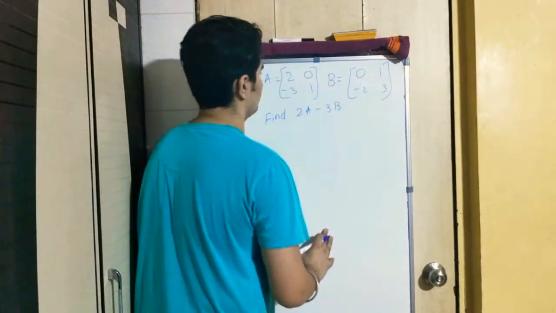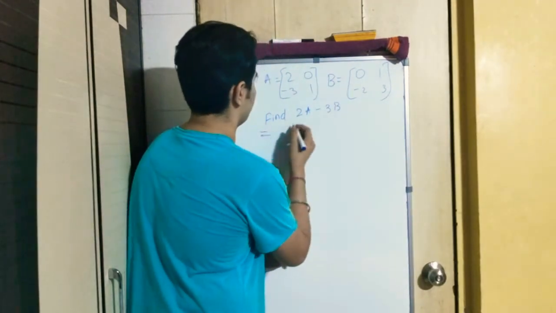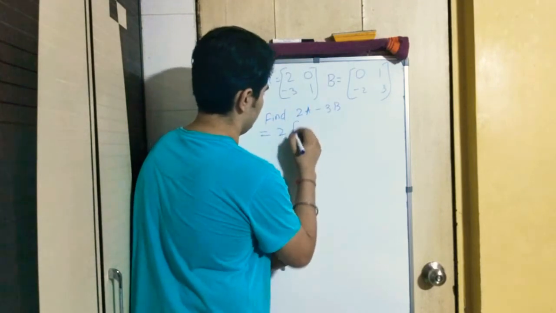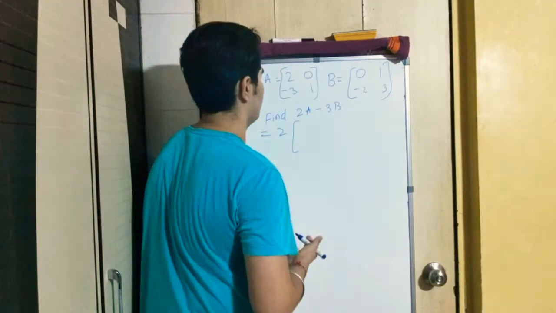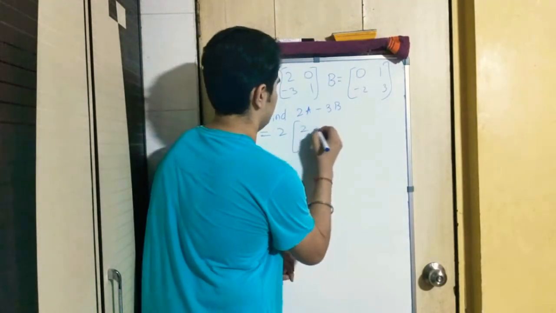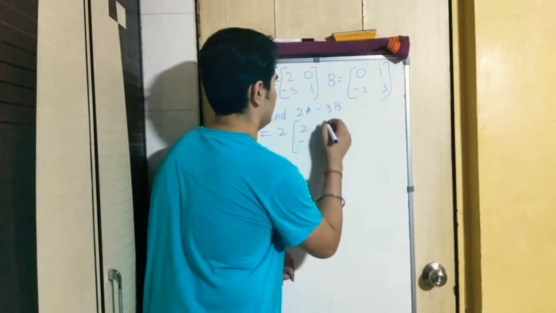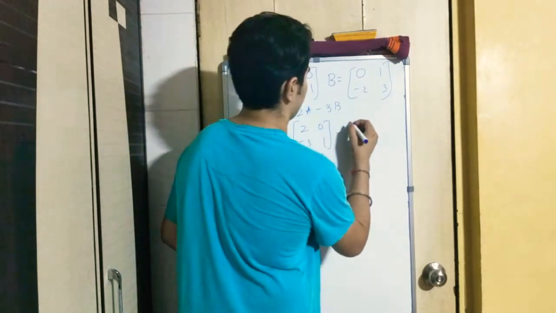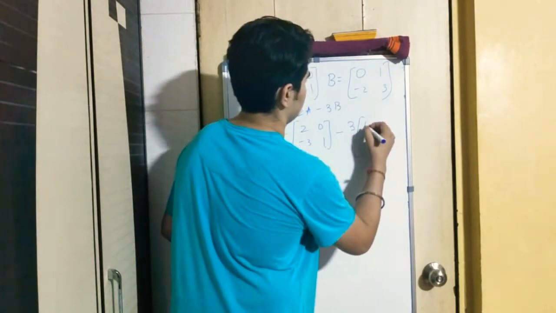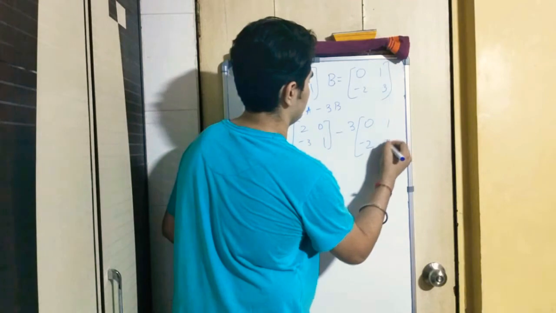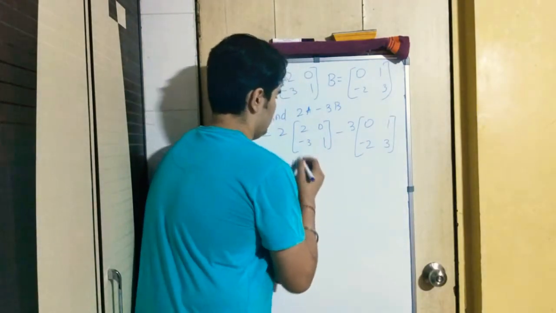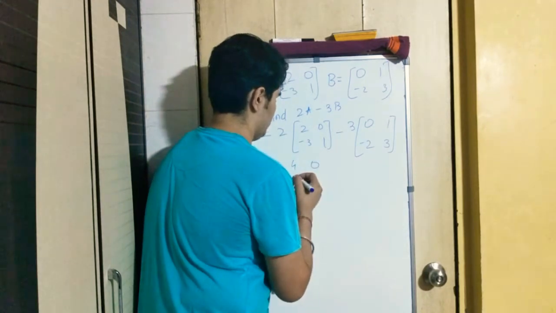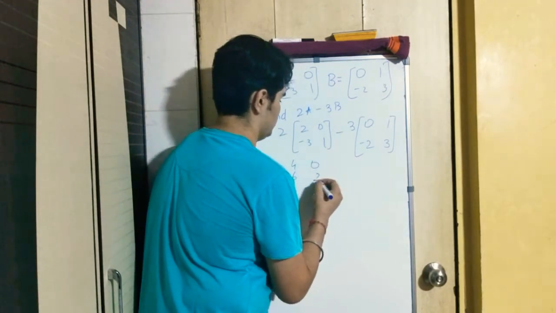So for finding 2A minus 3B, you have to first check both matrices, the order of the matrices are equal. 2 times 2, 0, minus 3, 1, and here it is minus 3 times 0, 1, minus 2, 3. 2 2s are 4, 2 zeros are 0, 2 into minus 3 is minus 6, 2 into 1 is 2.